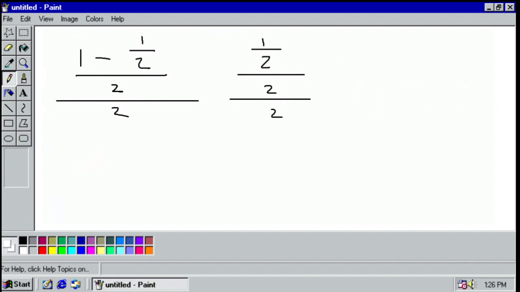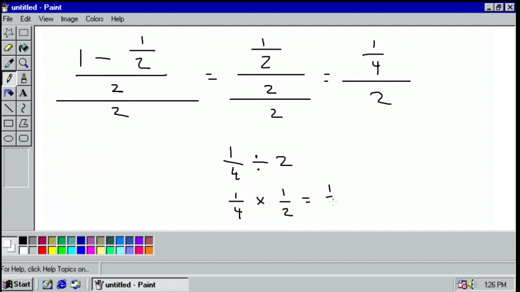So this part of the fraction now is 1/4 over 2. Now 1/4 divided by 2 is 1/4 times the reciprocal of 2, which is 1/2, since we're just gonna flip it. Now that will equal 1/8. So that's it. The answer for this problem is 1/8.